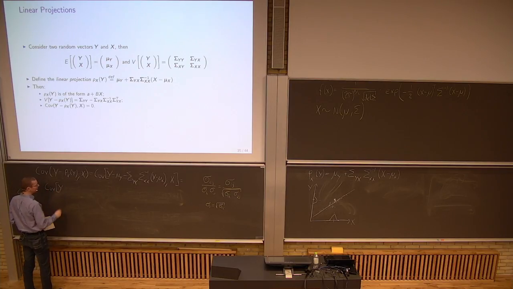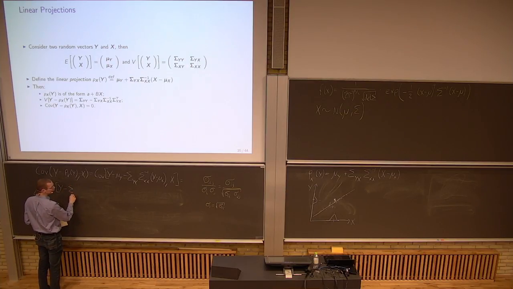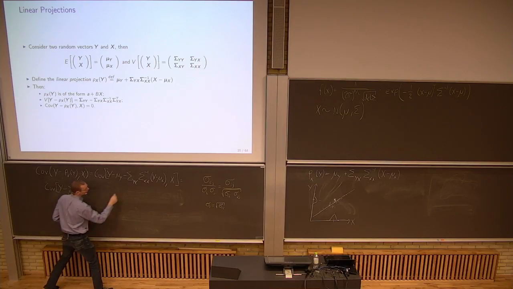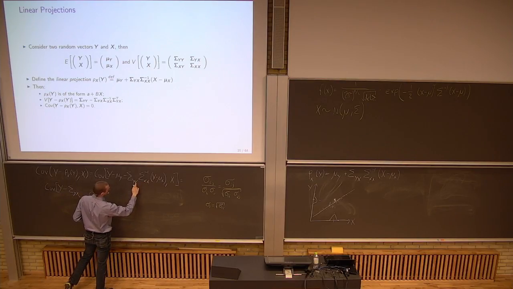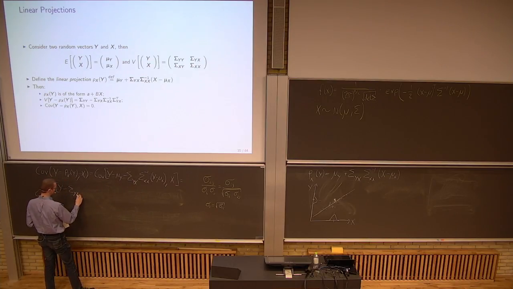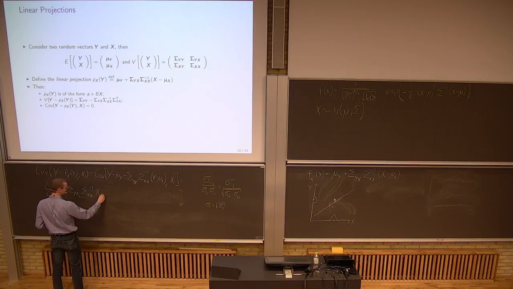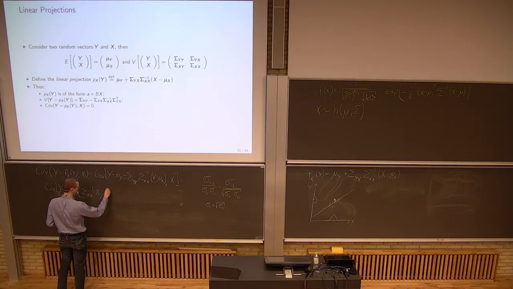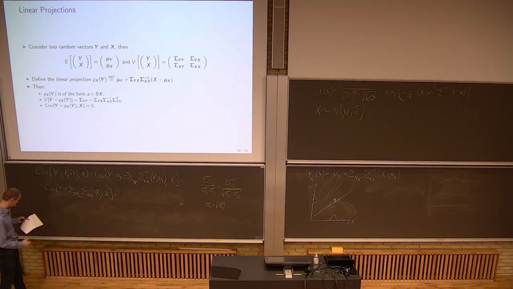So we had the random variable y minus sigma y x, sigma x x inverse on x, and then comma x. So that's what we have.